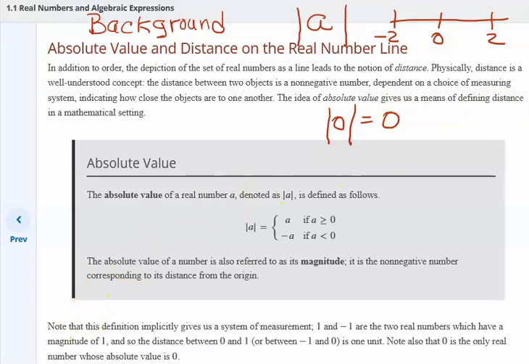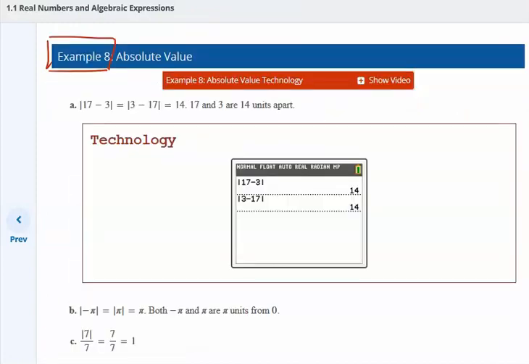All right, let's go on to some examples. Now, for example 8, we see A here is in 2 parts. So if we do the subtraction here, we're left with 14. And if we do the subtraction here, we're left with a negative 14.